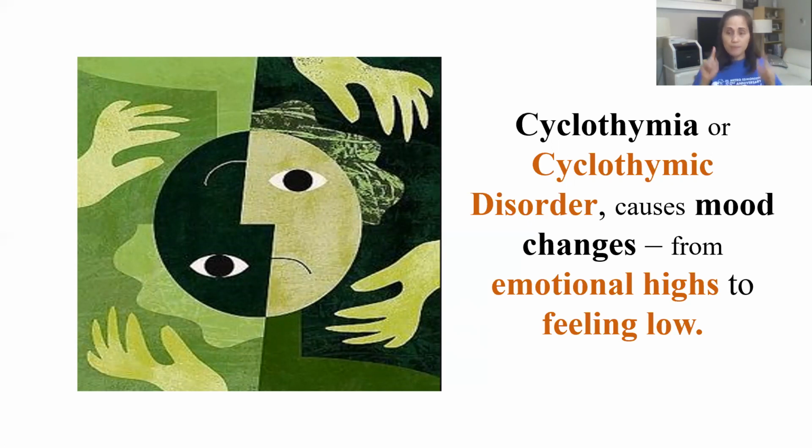People with cyclothymic disorder have chronic mood symptoms, but there are not enough of them, they are not severe enough, or they don't last long enough to be categorized as a mood episode. Kind of confusing?